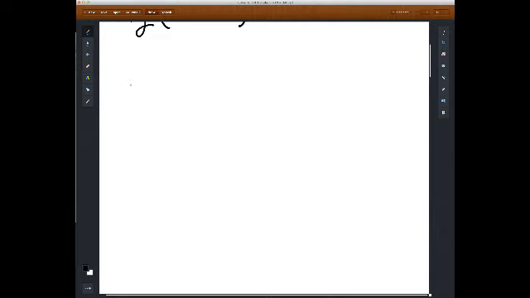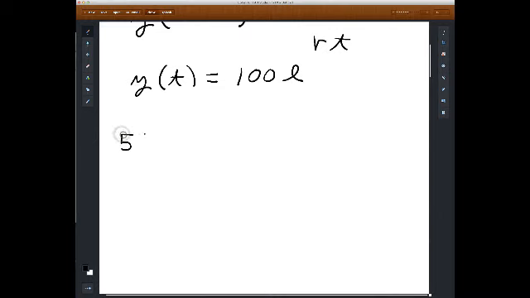We know y at t is equal to 100 times e to the rt. And in fact, if I plug in here, I also know that 50 is what we get when we plug in 5.27.